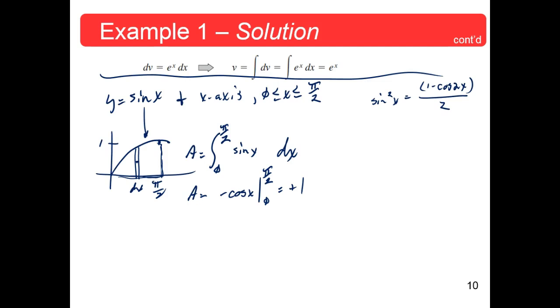Now, why did they give you that? Because your integral for your y bar is going to be 1 over A, and we just calculated what A is. A is 1. So that's going to be real easy to deal with. So we don't have to worry about that anymore. 1 over A, and then again, you're doing an integral from 0 to pi halves, same as before.